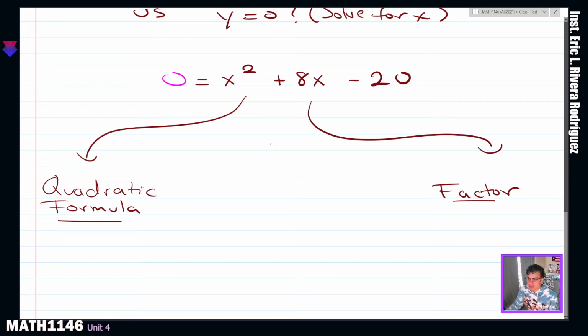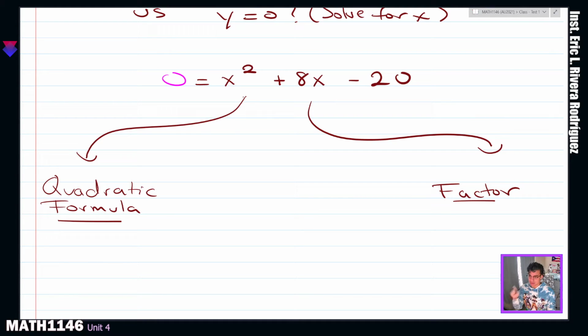So the quadratic formula, when are you going to use it? Whenever you have the standard form of a quadratic equation equal to 0. Okay, so you are solving for x, you are looking for the zeros of the equation, you can use the quadratic formula. You need to have the standard form, and the equation needs to be equal to 0. If what you have on the other side of the equation is not 0, you cannot use the quadratic formula.